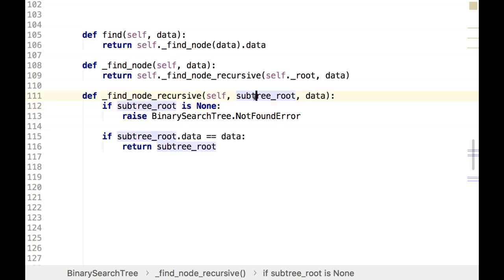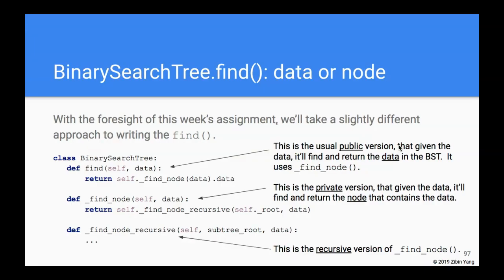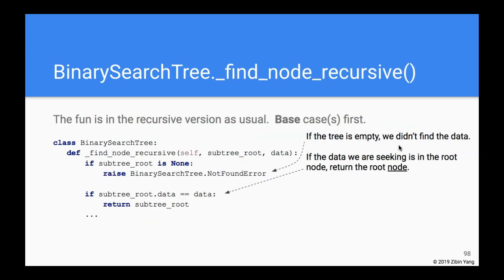First of all, if the subtree root is empty, if it's not there, then we didn't find the data, right? And the next base case is if the root is the data we're looking for, then we found the node that contains the data. So we return the node or return the root. That's what these two slides are trying to say here.